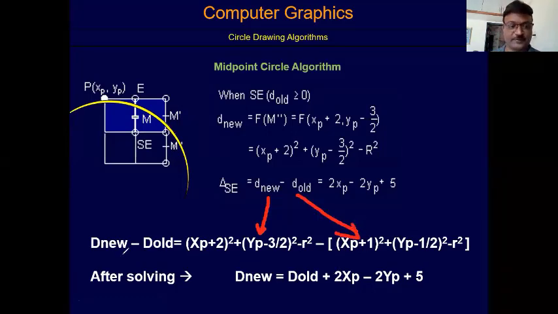After solving, extract the square bracket xp plus 2 whole square and then solve it. After solving you get 2xp minus 2yp plus 5.